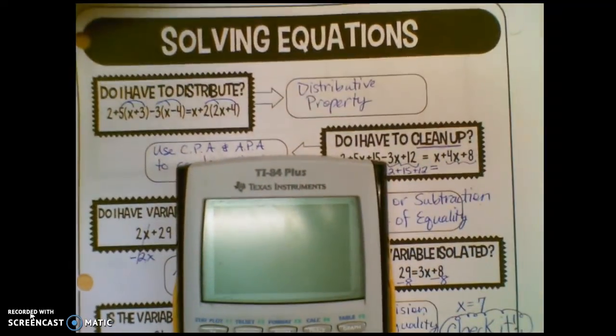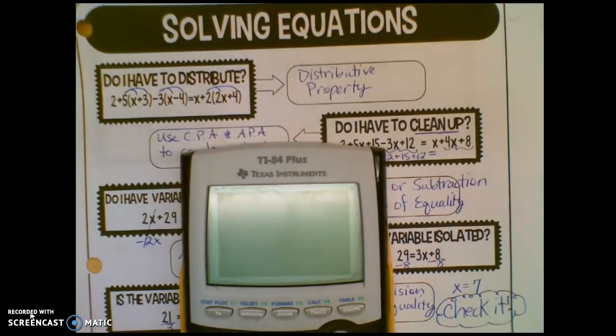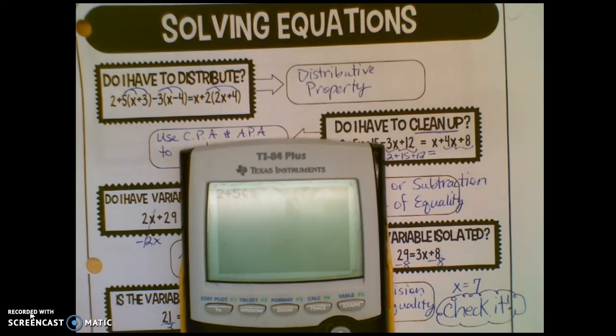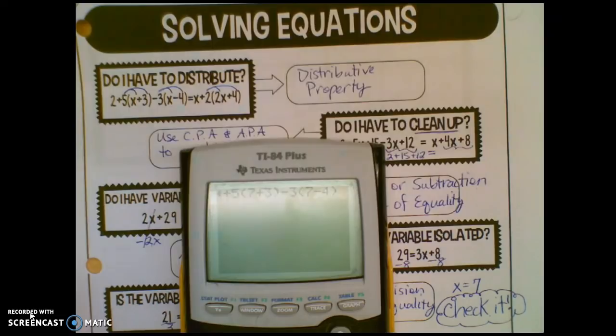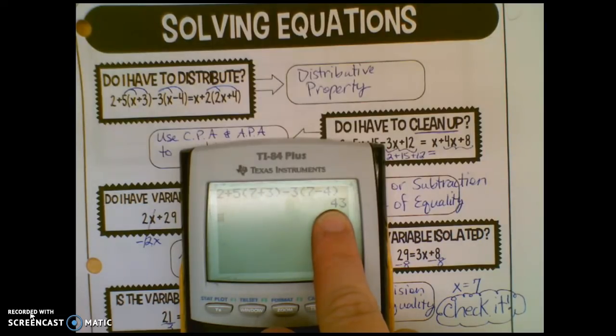So the first side, 2 plus 5, parenthesis. Here comes our 7 plus 3, minus 3, parentheses, and then our solution again is 7, and then subtract 4 and the parenthesis. And we are at this equal sign right here, so we are going to hit enter, and we get 43 on the left side.